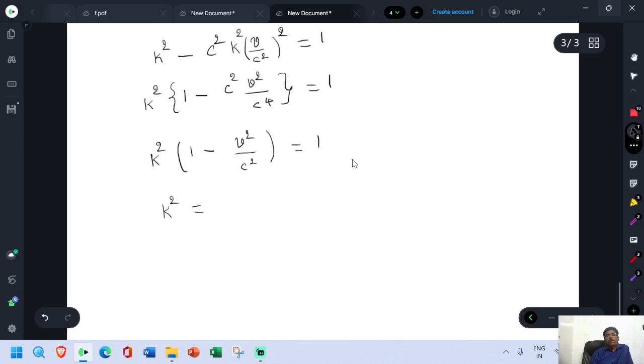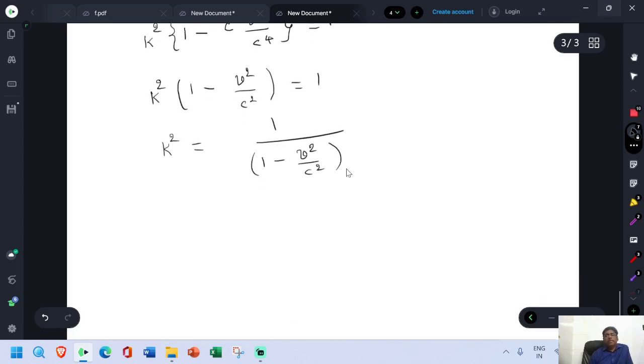K square is equal to 1 divided by 1 minus v square by c square. Then k equal to 1 divided by root of 1 minus v square by c square.